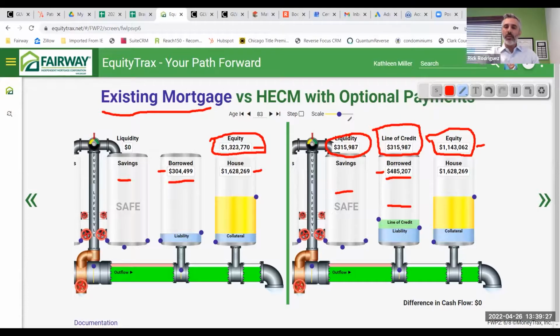And you can remain more liquid in retirement than with the traditional mortgage, where you're not increasing your liquidity, your nest egg, your savings, by making payments to the traditional mortgage. Sure, equity is increasing, but not your liquidity.